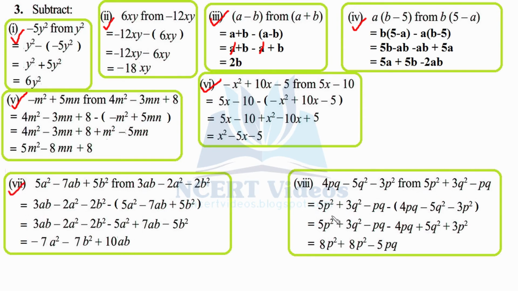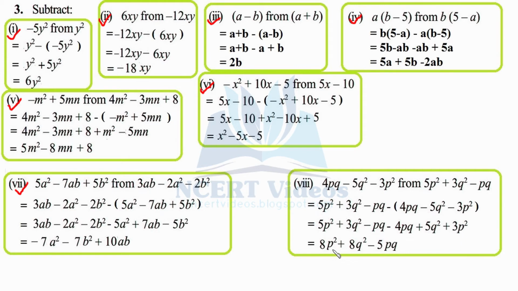From part first, minus because we are subtracting, and in this whole term in bracket. Solve for this as it is, minus plus is minus 4pq, minus minus is plus 5q square, minus minus is plus 3p square. Search for p square. Here we have 5p square and we have 3p square.